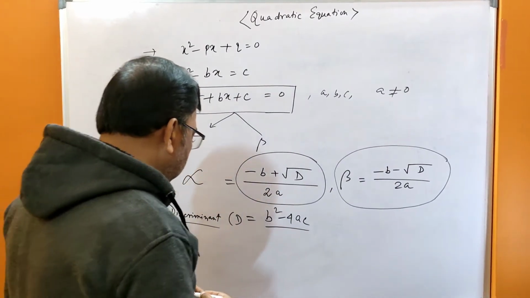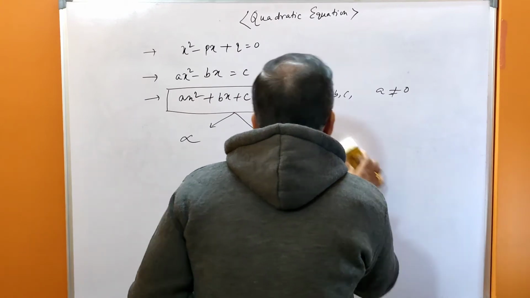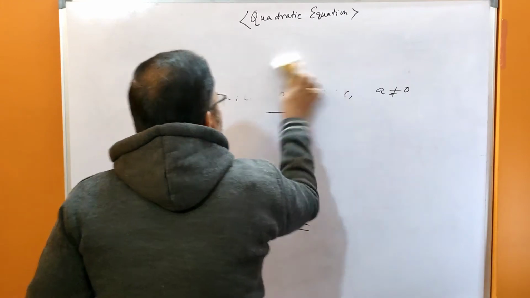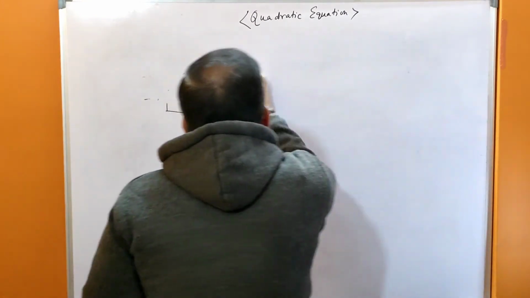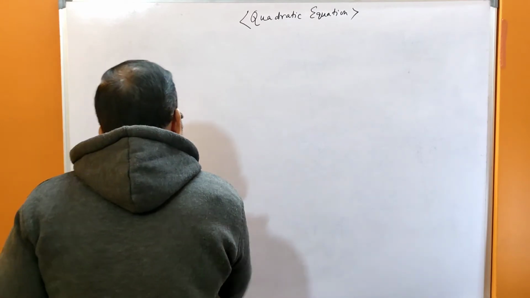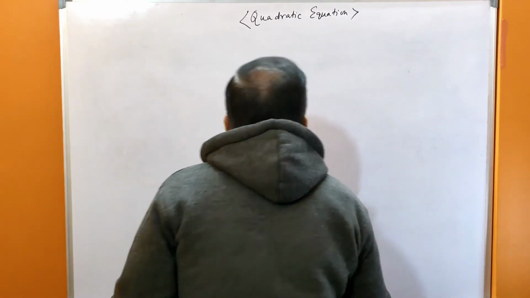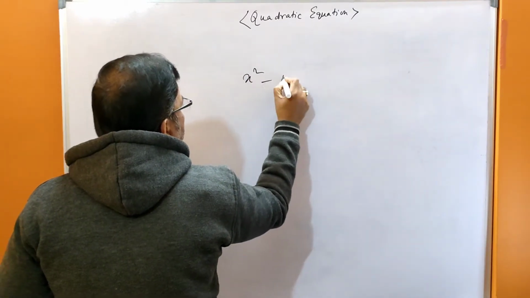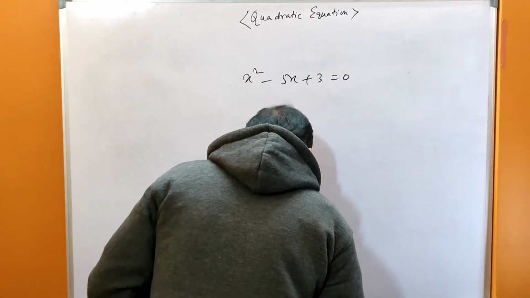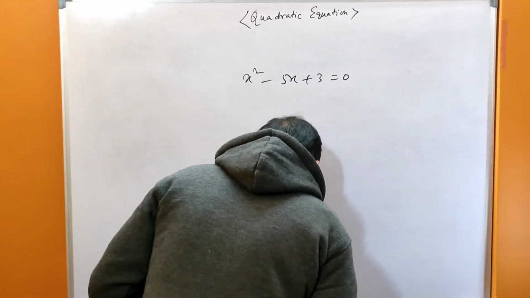And also, you have to find out the factor method. I have done so many sums. Suppose a sum is given: x square minus 5x plus 3 equals 0.